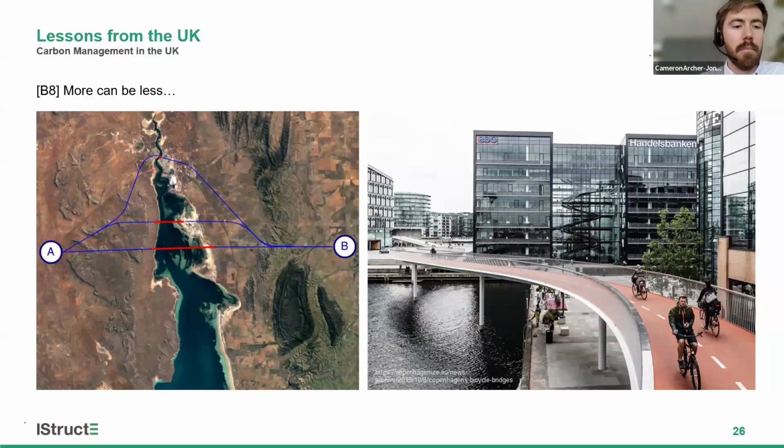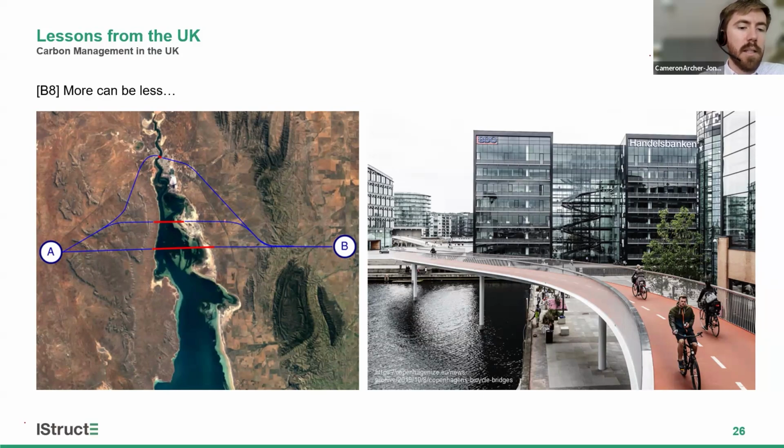So the quickest route, the shortest route, which would then have the lowest emissions for vehicles, may end up with the longest structure. Whereas the one with the shortest structure, the one that goes right up to the top, although the bridge's carbon footprint will be much, much smaller than the straight option, your total journey increases. And at some point, depending on the traffic volumes, there will be a tipping point.